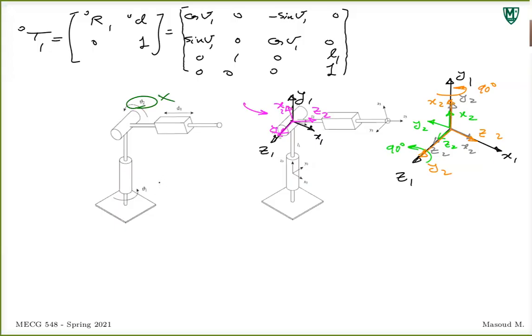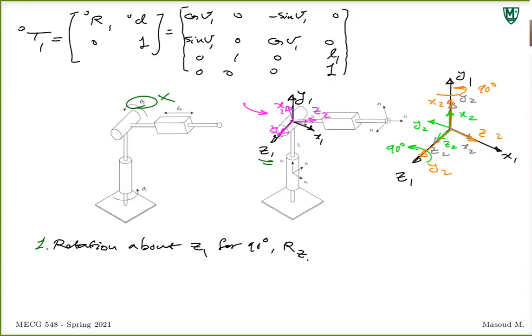Once we get there, after these two rotations, the third rotation would be V2, and it's going to be around Z1. So here is what I'm doing. Rotation about Z1 for 90 degrees is positive, obviously.